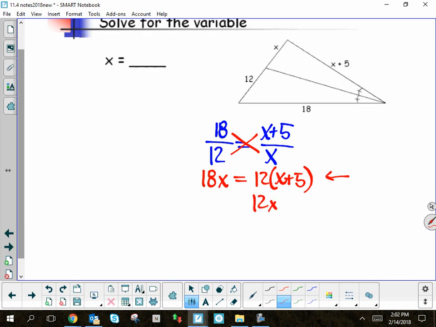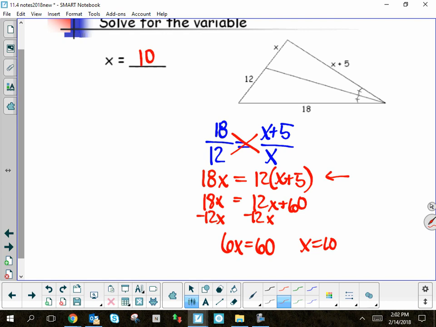This would be 12x plus 60 equals 18x, minus the 12x, minus 12x. 6x is equal to 60, which x is going to equal 10. Okay, and so remember that property. This segment is to this segment as this segment is to that segment.